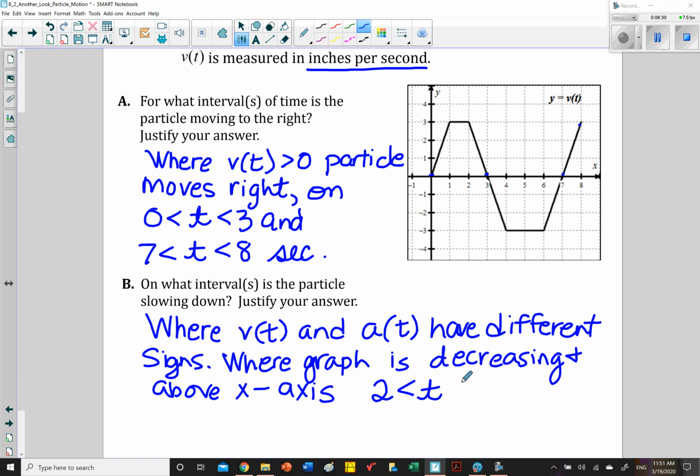The graph is decreasing and it's above the x-axis, or where it's increasing and below the x-axis.